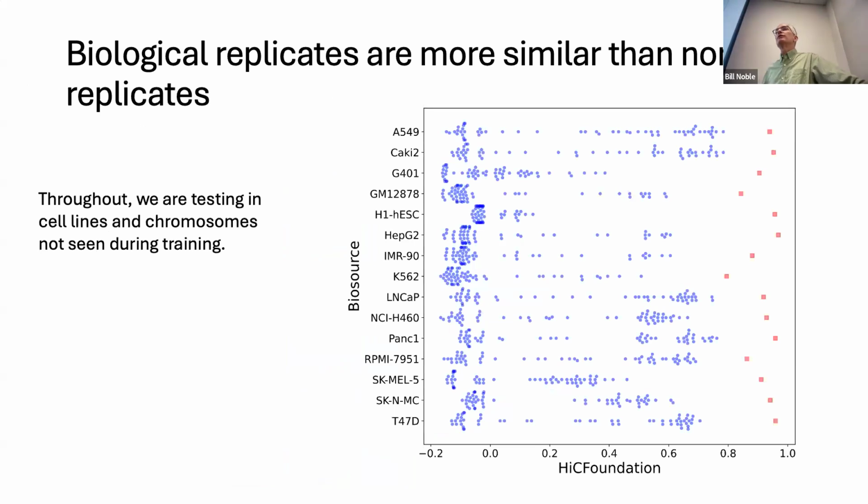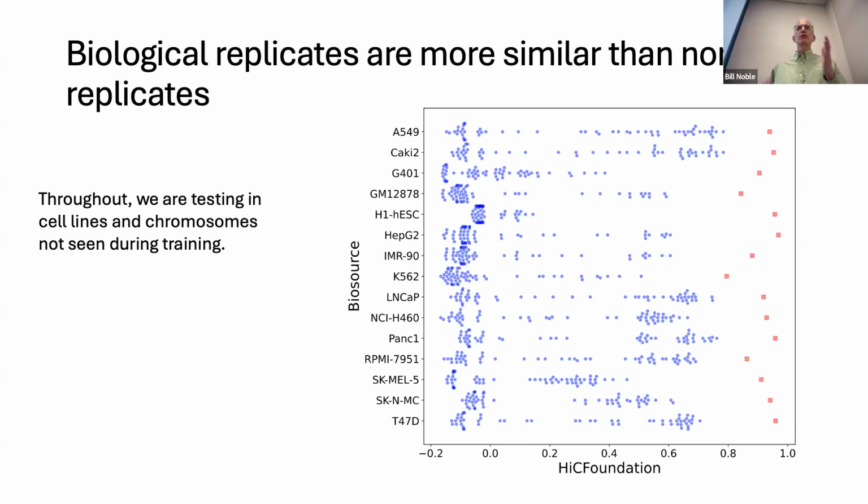The standard way that this is usually analyzed in the literature is like this. What you're seeing on the x-axis is the score from our particular similarity measure, the Hi-C Foundation Learned Similarity Measure. And the vertical axis here are different biosources. You can think of them, in this case, as different cell lines. And the 2 kinds of dots are whether this pair of experiments is a biological replicate or a non-replicate.